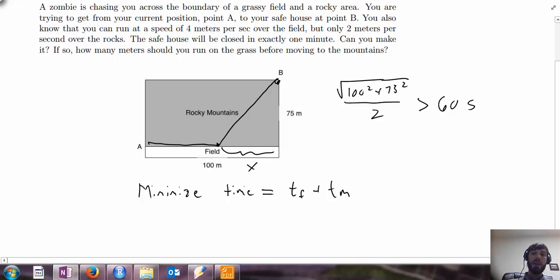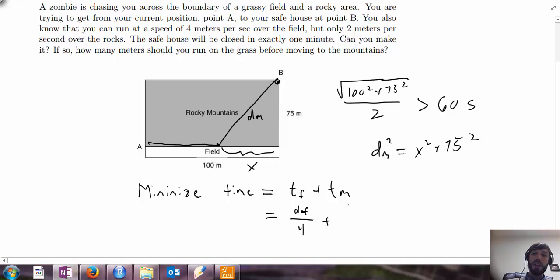So to do that, we have to note that the time it takes us to cross the field is going to be the distance that we stay on the field divided by our rate, which is given in the problem as 4 meters per second, plus over here, for our time in the mountains, this would be the actual distance we would spend in the mountains, right? The length of this segment. And we can figure that out using the Pythagorean theorem, as x squared plus 75 squared.